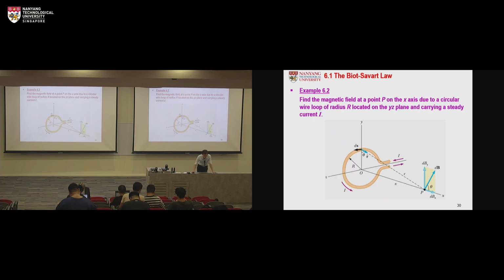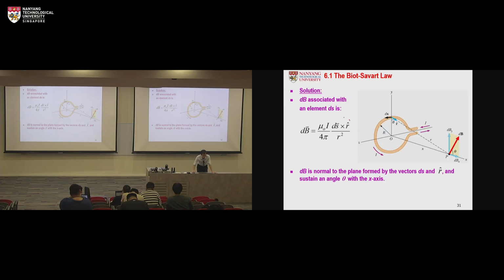And for this example, actually, we did something similar for the electrical field E and electrical potential V. Now we are going to do it for this B. In this case, you have this kind of loop current and are asked to determine the magnetic field B at this point. Again, of course, first of all, we can tell this is a non-uniform I, so a non-uniform ds, and also non-uniform vector r.